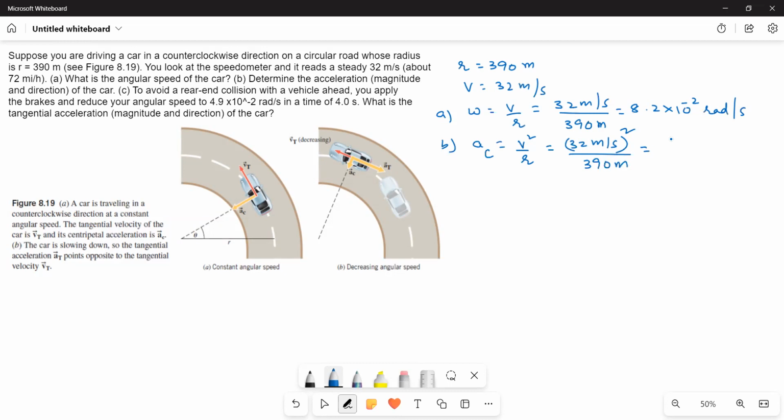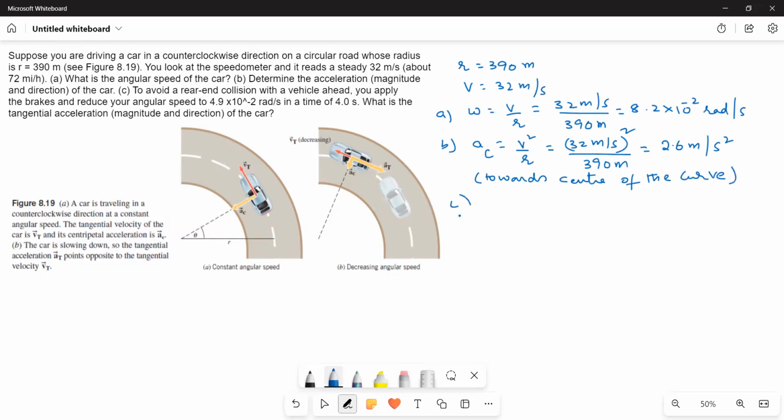That gives a value of 2.6 meters per second squared. This is the magnitude. The direction is towards the center, the center of the curve.